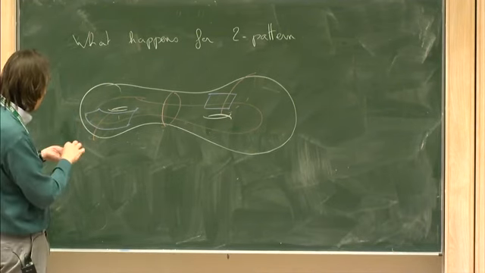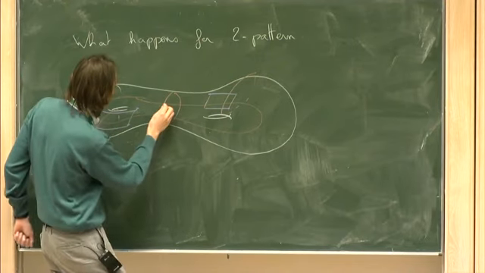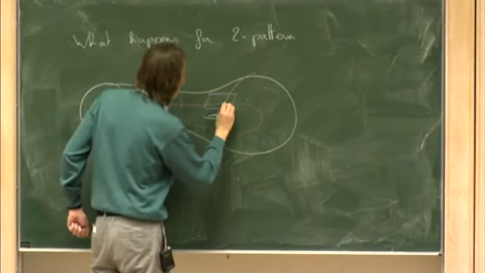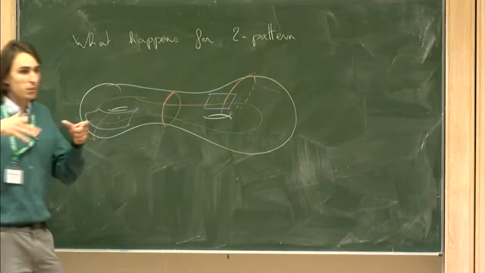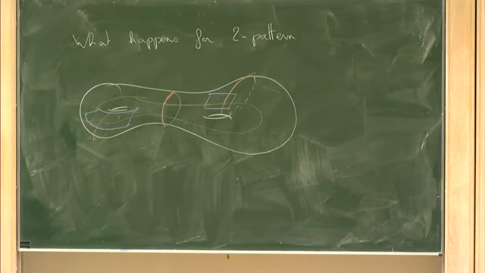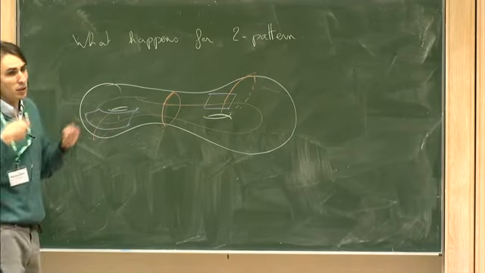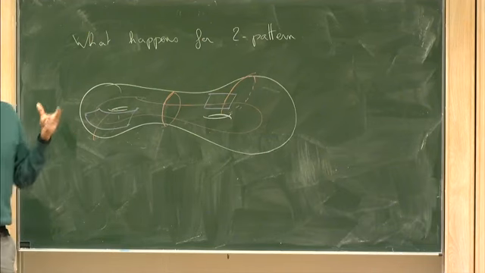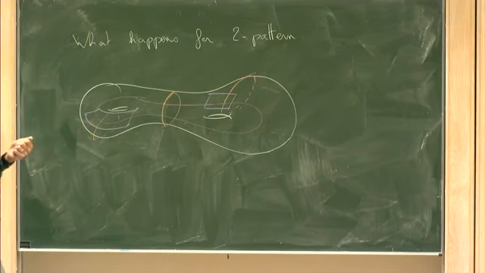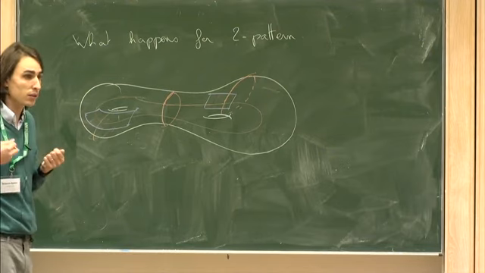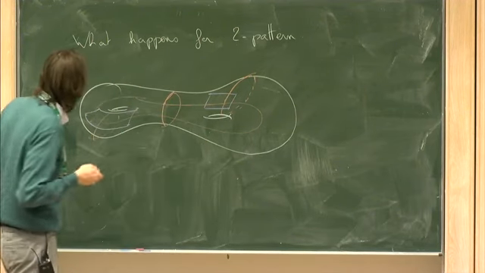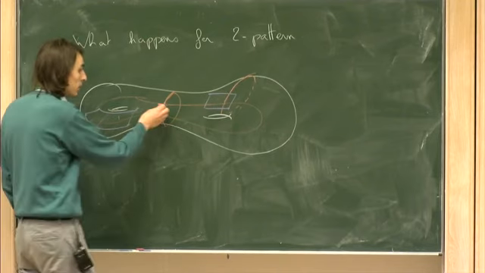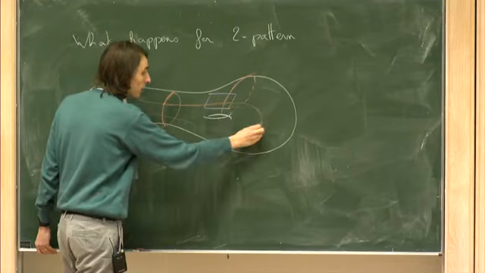So we can cut our surface along the curves and look at each piece. We can calculate the Euler characteristic, and we see that the number of pieces that are big enough has to be bounded, and that's going to give us a bound on the number of curves.